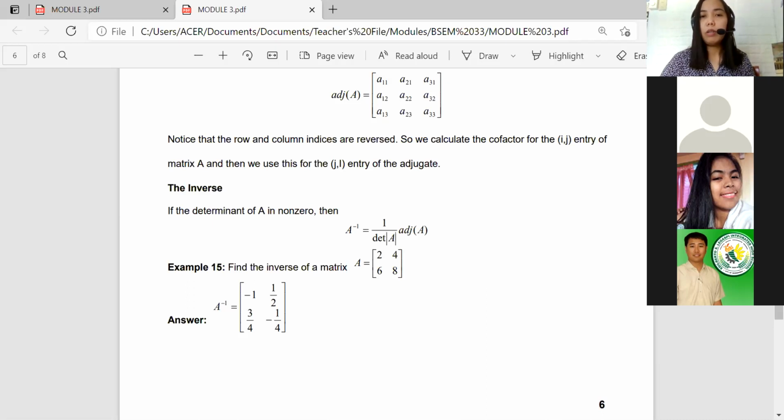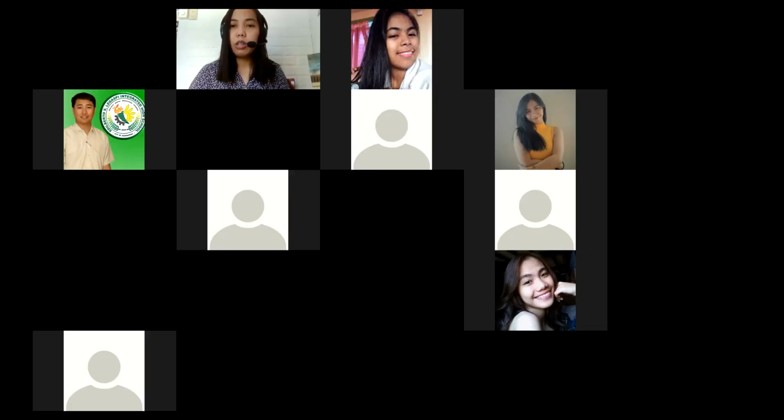So that's how we get the inverse. 1 over the determinant of A multiplied by adjoint of A. Okay? So you need to check first your determinant. Find the determinant of the given matrix. If it's non-zero, then the given has an inverse. So let's continue first dito sa ginawa natin kanina sa 3 by 3.